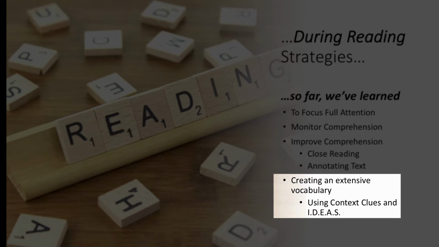Creating an extensive vocabulary. How do we do that? By using context clues and through the use of the acronym IDEAS, and then using that vocabulary in your everyday conversations or when you write.